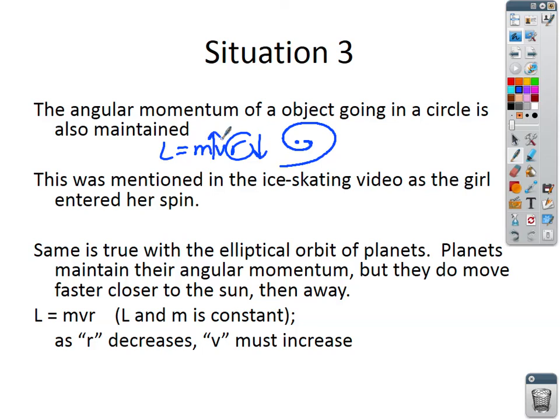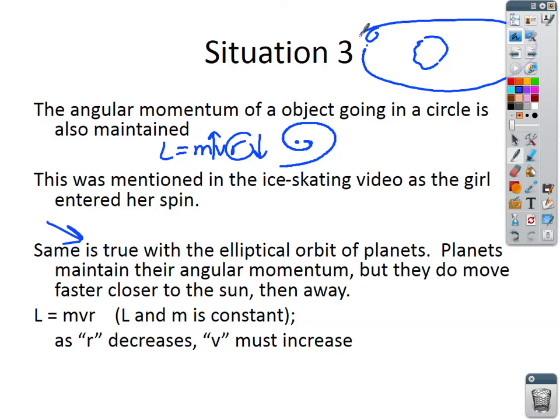You will go faster. An easier example to really understand this is the elliptical orbits of planets. One of the activities I do in my class is a quick computer simulation where we have the sun and you watch the planet go around it in an elliptical orbit. There's a point on one side that's closer to the sun than on the other side.